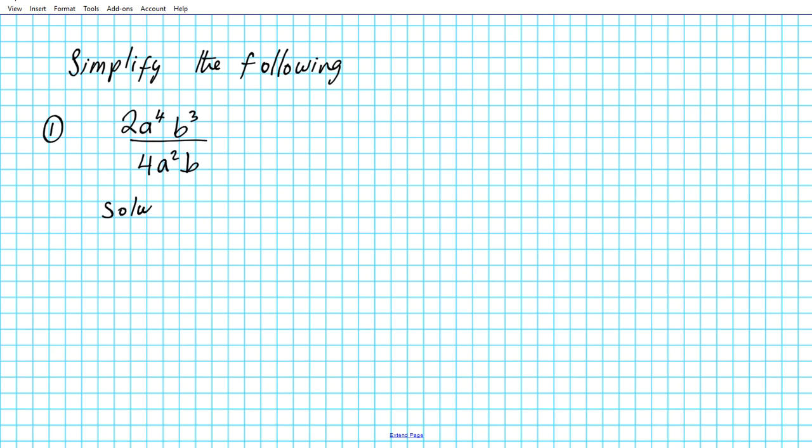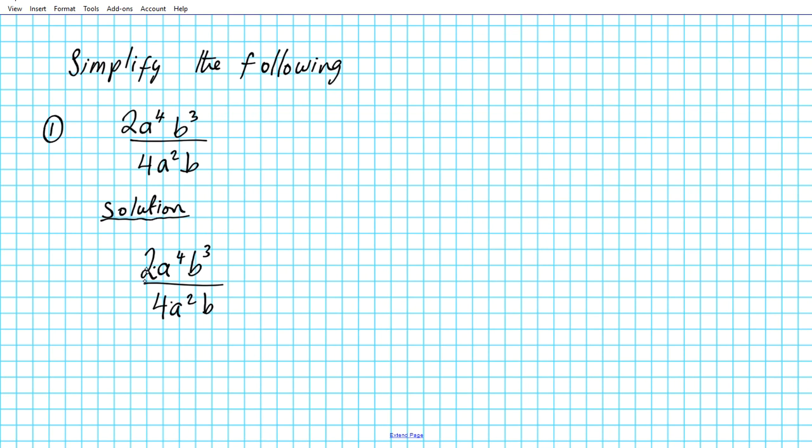All right, so let's go ahead and simplify this. I'm going to rewrite the problem: 2a to the fourth, b to the third over 4a squared b.